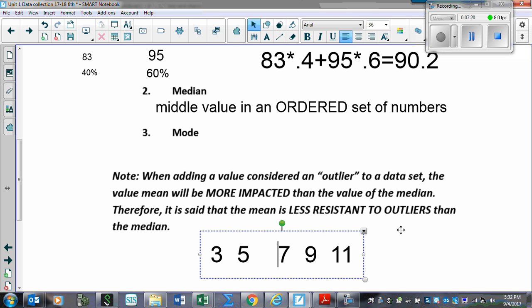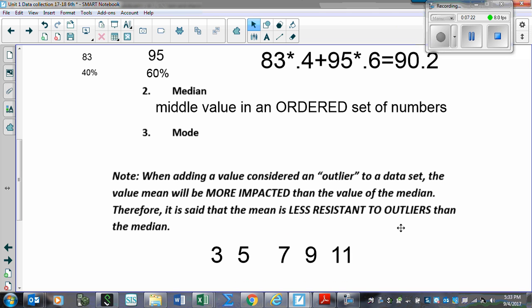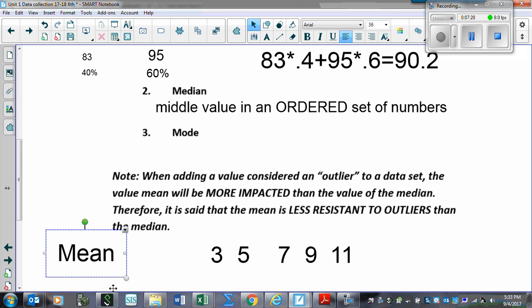And so initially, we have a mean and median of 7 for both. Okay, middle number is the 7, and if you add these up divided by 5, you're going to get 35 divided by 5, or 7.